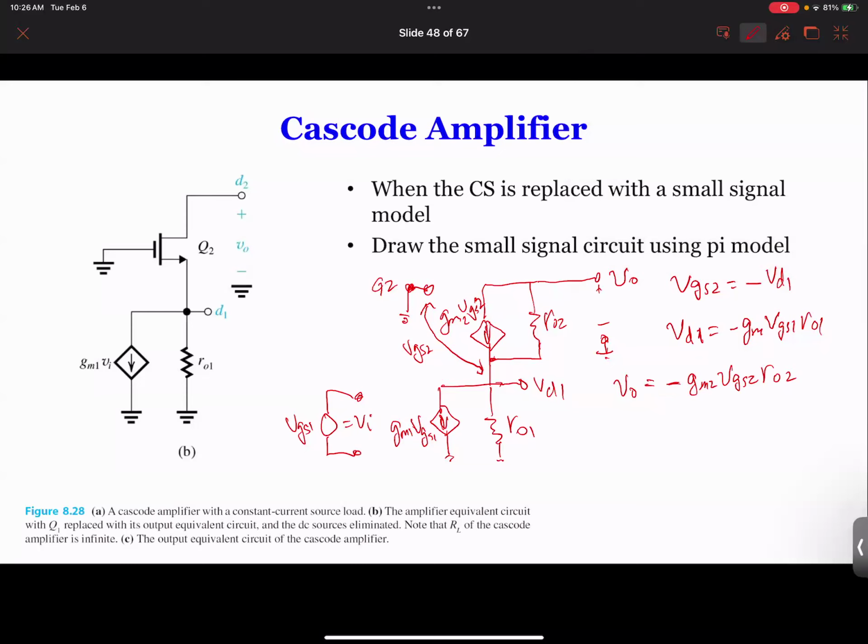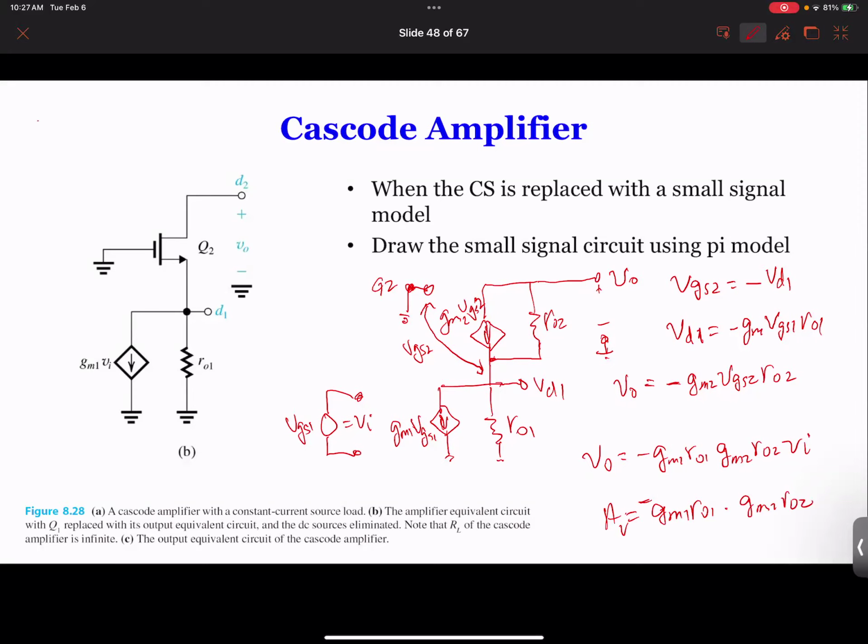And when you plug all this in, we get VO equal to minus GM1 RO1 times GM2 RO2 times VI, and your A equals GM1 RO1 times GM2 RO2, with a minus sign.